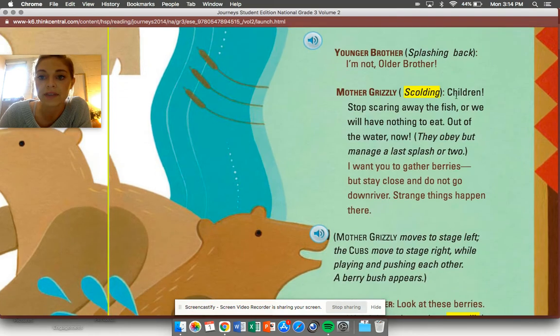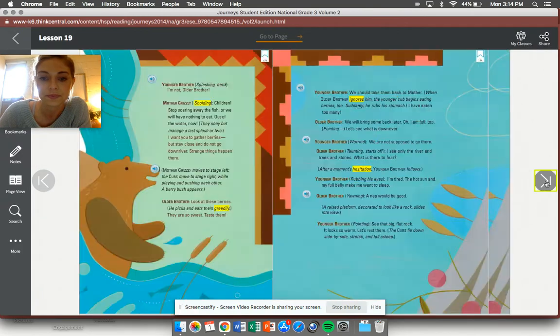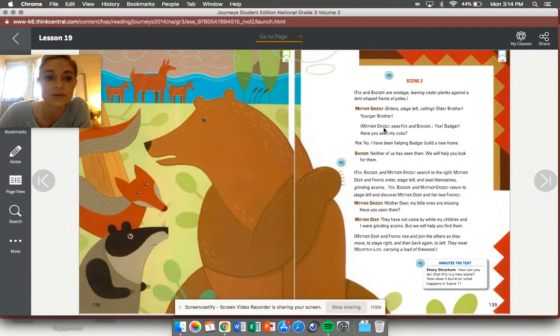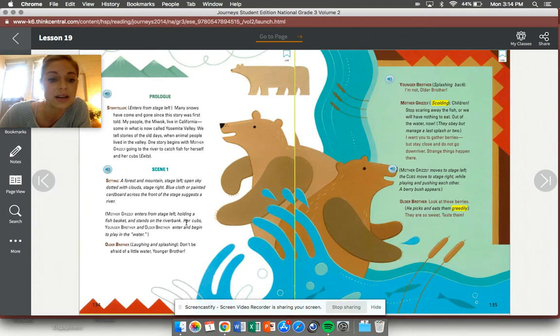We go over here, we have younger brother, mother grizzly, older brother again. I turn the page. It looks like on this page, we just have the older brother and the younger brother talking, and then the storyteller again. And if I turn the page, we go to scene 2. So it looks like the only characters in scene 1 of this story are the storyteller, older brother, younger brother, and Mother Grizzly.